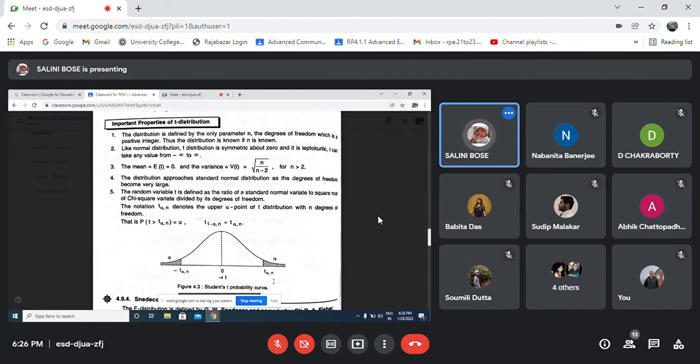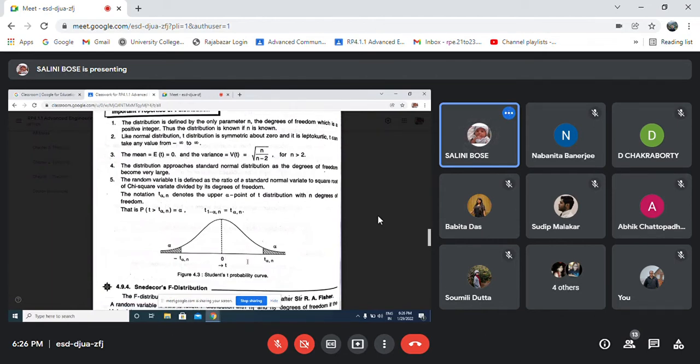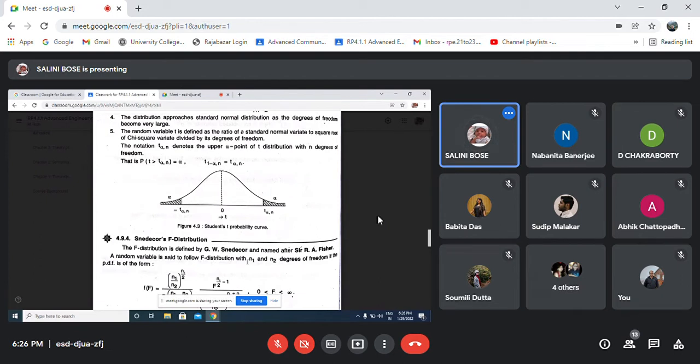This is the critical point of the T distribution. This is the negative side critical point. For the two-tail case, these are the critical points of the T distribution. This alpha part is the rejection region, whereas the 1 minus alpha part is the acceptance region. Clear?